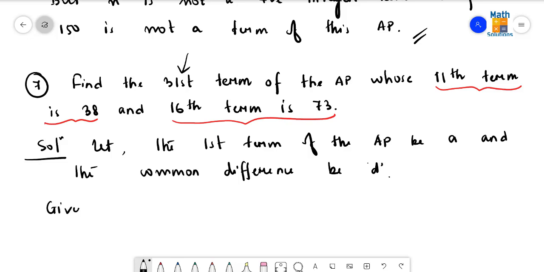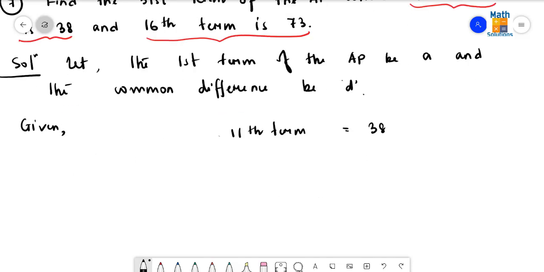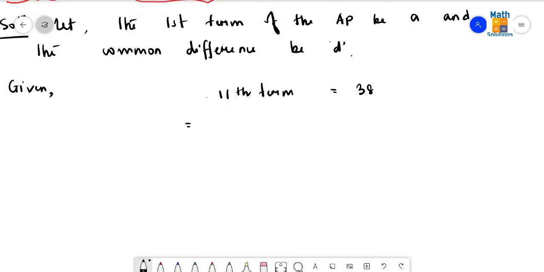Given 11th term is equal to 38. So the 11th term can be written in the way a11 is equal to 38.